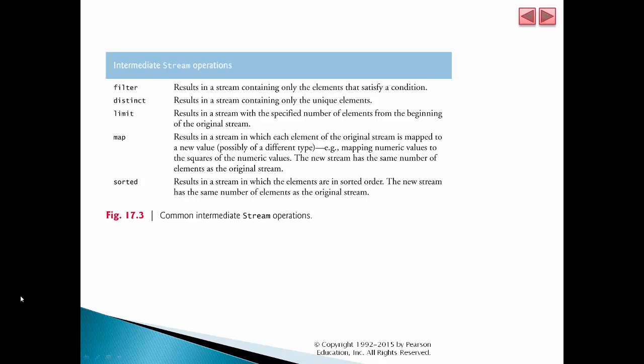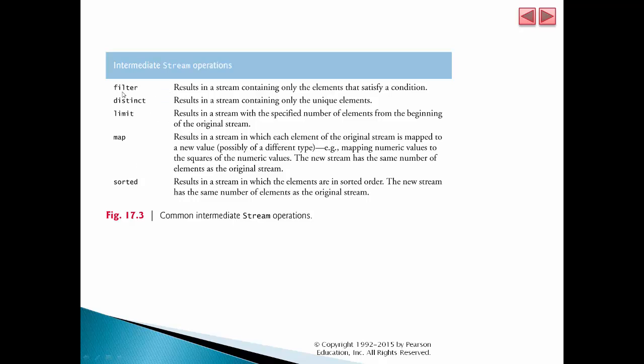There are a bunch of intermediate operations in the pipeline, as we discussed. They take different types of functional interfaces, the SAMs, implementations of SAMs, and they do their particular operation.